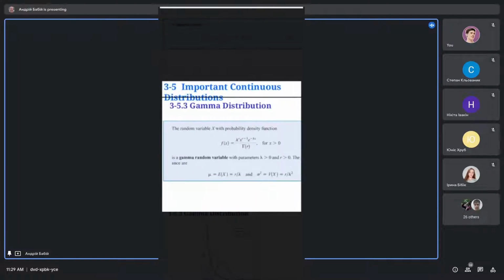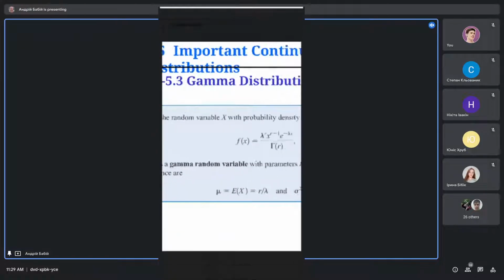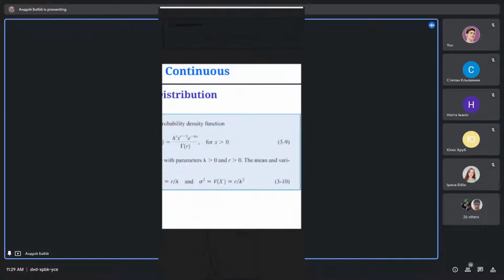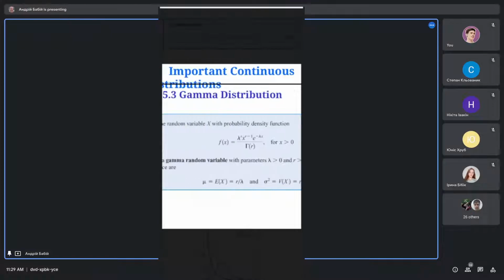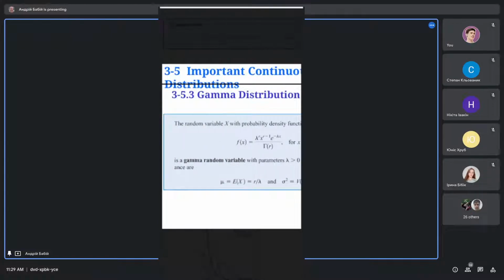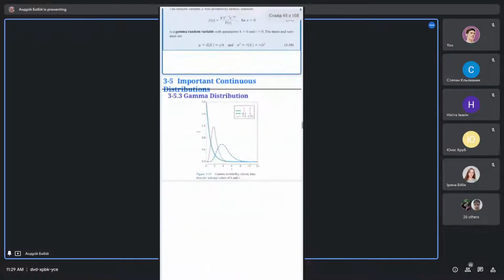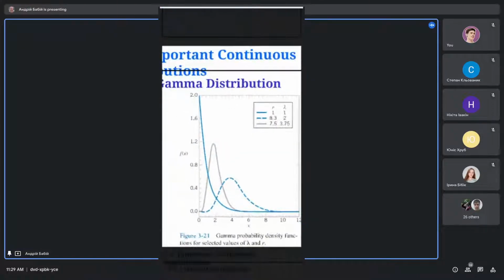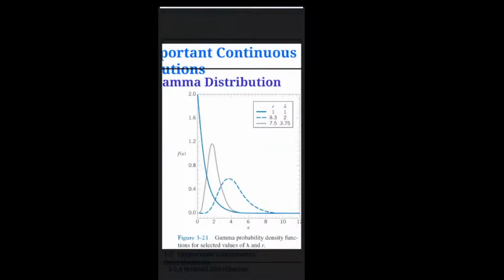And this variable is called gamma random variable with parameters lambda and r. As you can see, the graph of gamma distribution is a little bit more interesting than the graph of normal and log normal distribution.